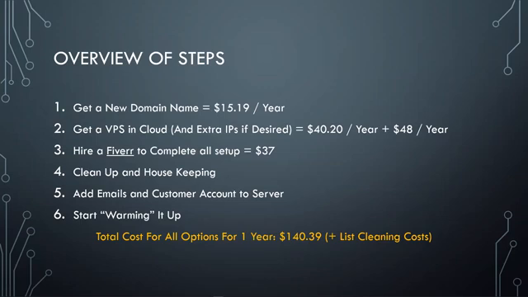So real quick, to set it up, there's basically 6 steps. First of all, you're getting a domain name, which if you don't already have one that you want to use for this, it's in the system that I use, $15.19 total for the year. You can use GoDaddy, you can use whatever system that you want to get a domain name.